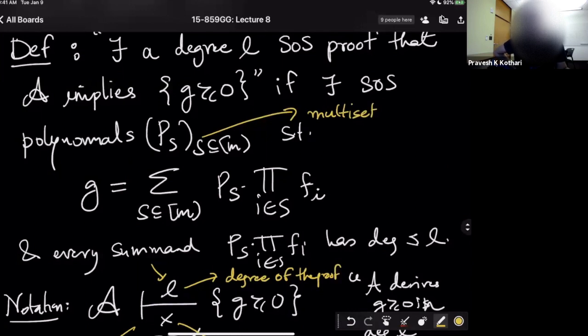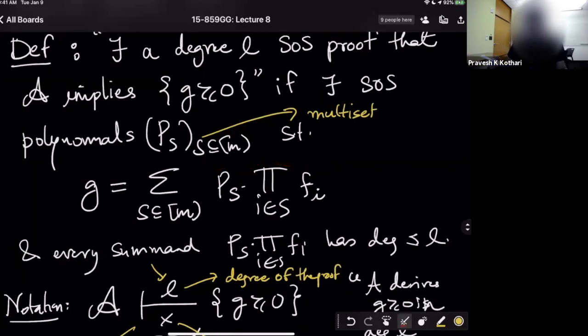Remember that for every X that satisfies the inequality system, the Fi here would be non-negative. So the product of Fi would be non-negative. The P_S are sum of squares polynomials, so they are always non-negative. And therefore, what you're constructing is a sum of summands which, over the set of X's that you care about, are always non-negative.